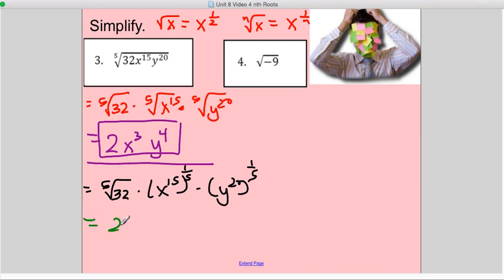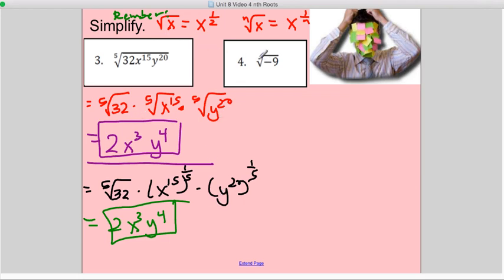So this gives me 2. Then I would say 15 times 1/5 will give you x to the 3rd. And 20 times 1/5 gives you 4. 20 divided by 5. So either way is perfectly fine about thinking it. But I would maybe write this on your paper, this at the top. Remember, square root of x is equal to x to the 1/2. The nth root of x is equal to x to the 1/n.